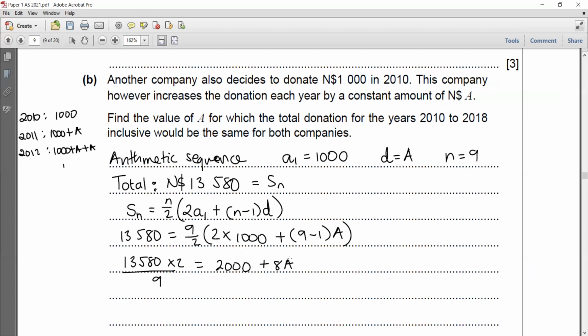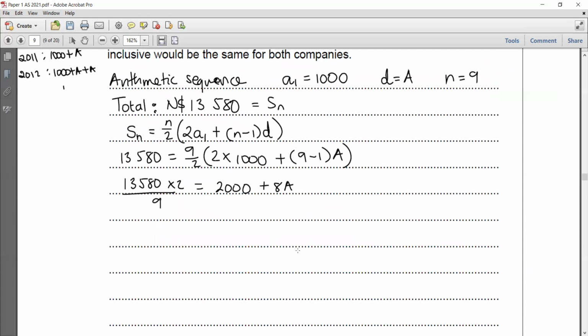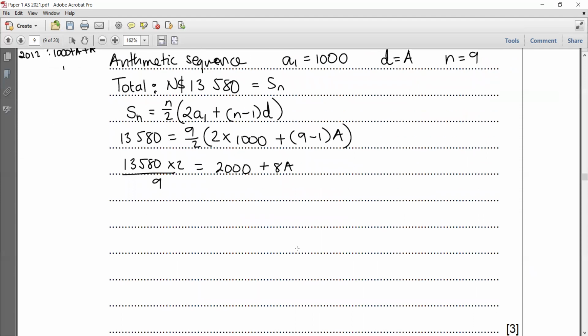Okay, just solve it. I don't want to simplify too early. Okay, so this means we can subtract 2,000 on both sides. So I can have 8A plus 2,000. So I'm just switching the sides. I haven't done any calculations or anything. I'm just writing the left-hand side first.